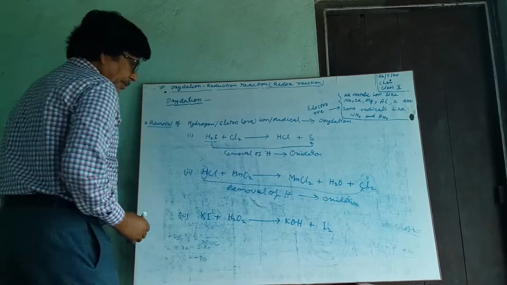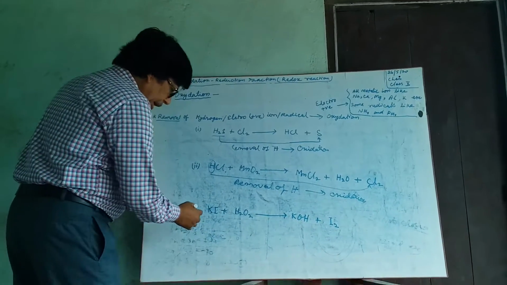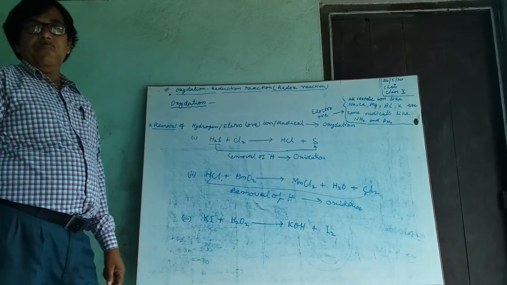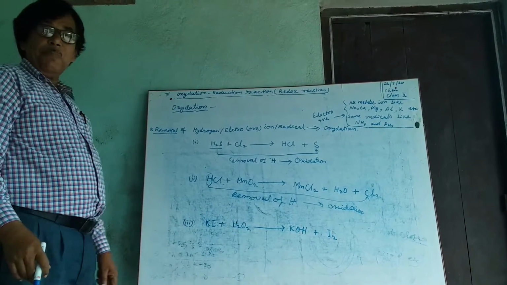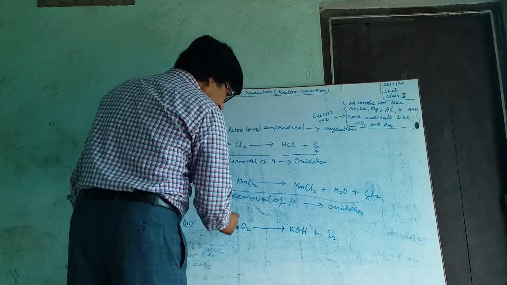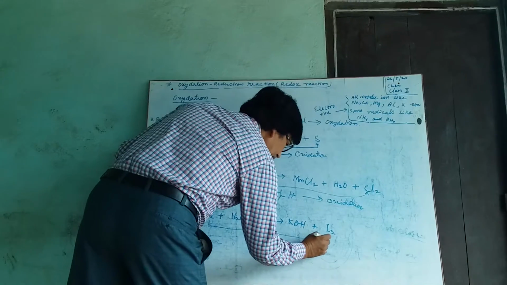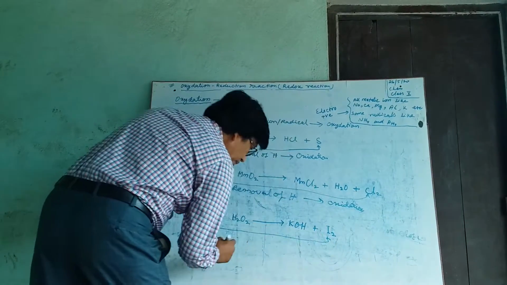Third example, third reaction: KI, potassium iodide, plus H2O2, hydrogen peroxide. When these two react, it will form I2.